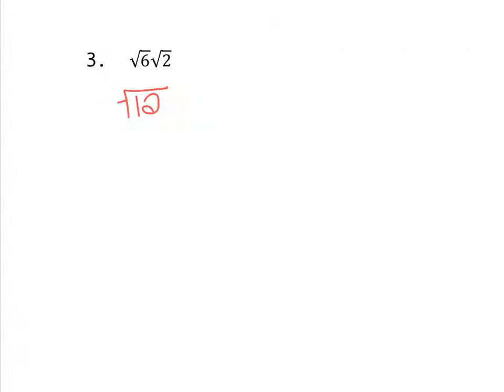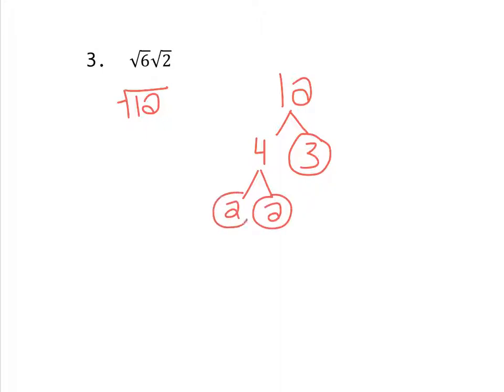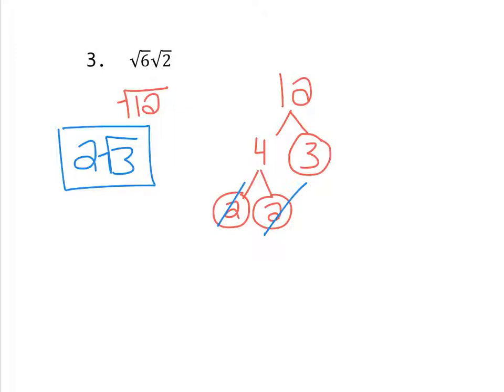We just did it in problem number 1, but just to show you again, we'll draw the factor tree. Factors of 12 are 4 and 3. It doesn't matter what factors you choose. You could have used 6 and 2; it would have been perfectly fine. 3 is a prime, and 4 is 2 times 2. So we have one pair of 2's, cross out that pair, and 3 is left over. So 2 square root of 3 is our answer.